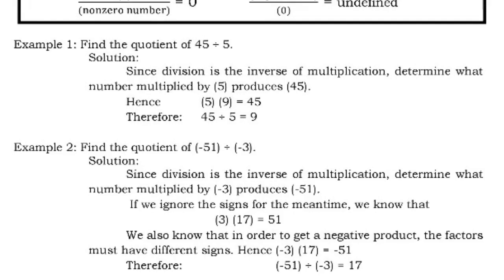So since the two are like signs, we are going to have a positive answer. So 51 divided by 3 equals 17. So our answer here is positive 17 or 17. Again, negative divided by negative is a positive answer.